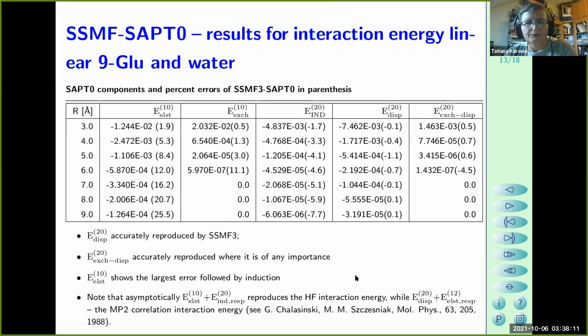So this was the situation for water and for linear 9-mer.